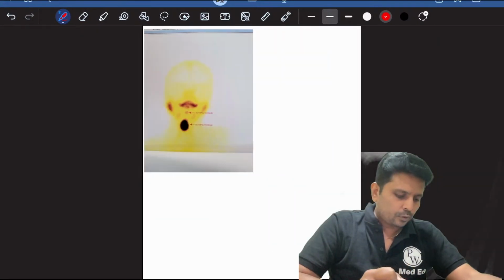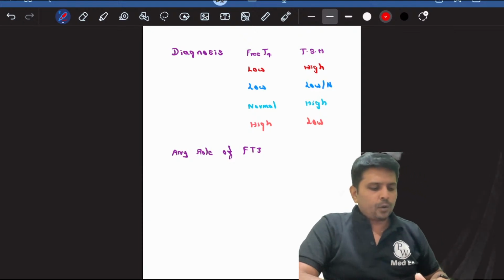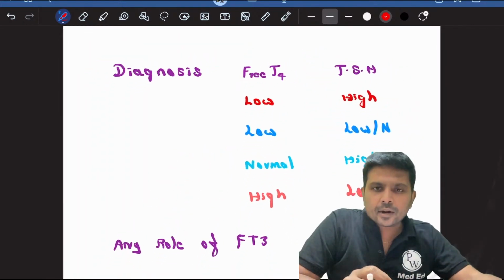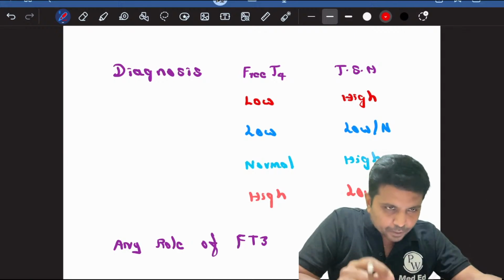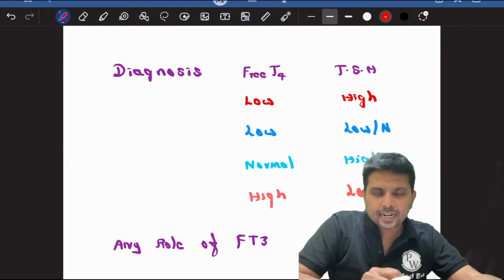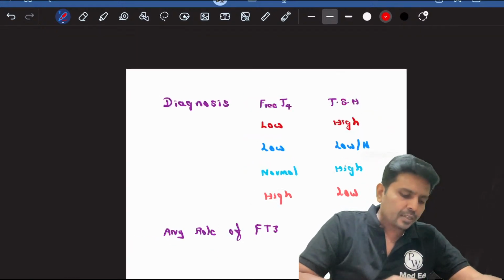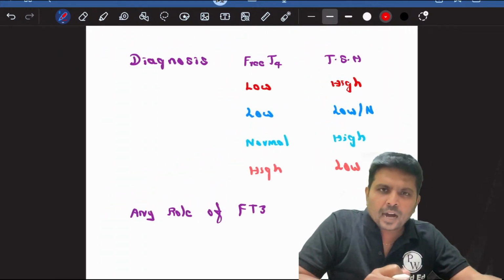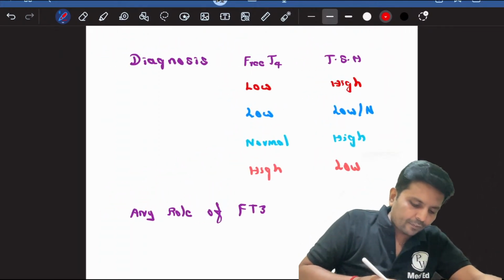Okay then. Now, what are all the things you need to do? Whenever it was already explained to you in detail, you always measure thyroid stimulating hormone and either T4 or free T4. Why free T4?